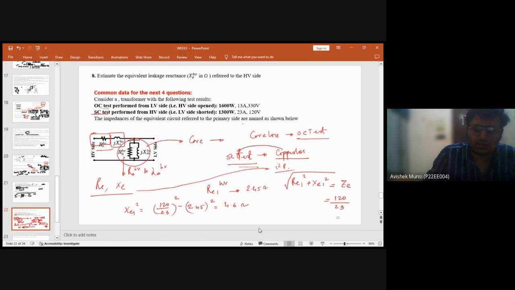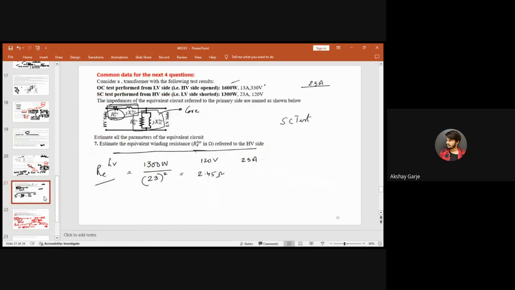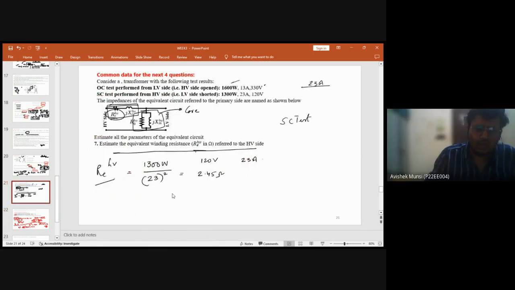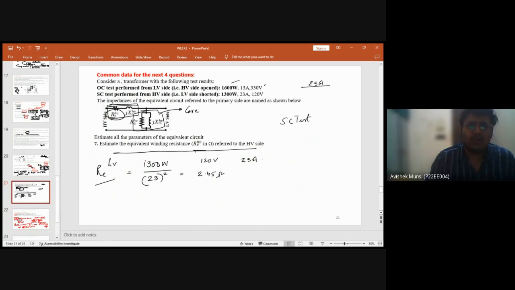Yes, what is? So in the last example, we saw that we need to calculate the current at full load, sir. So in short circuit, actually, we are just taking the short circuit current, we are not taking the full load current. As I said, we have to calculate for the short circuit test.